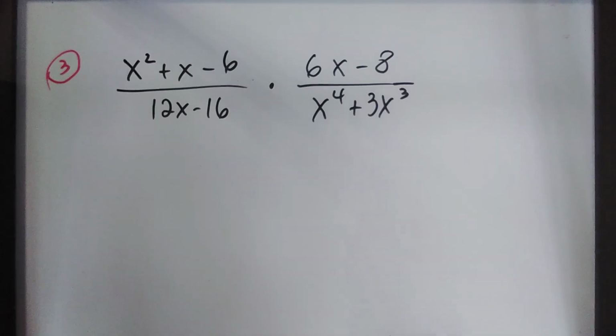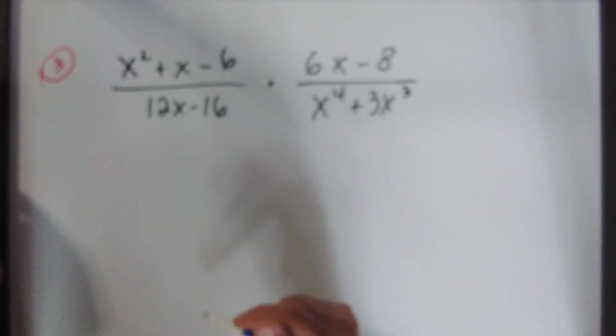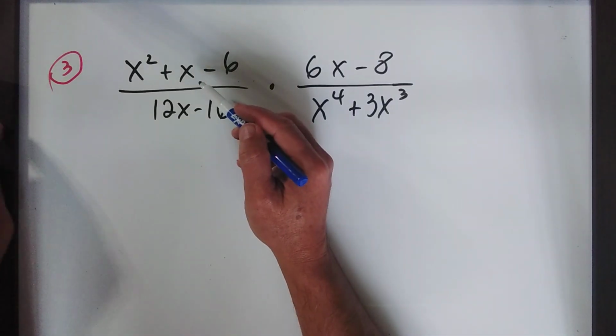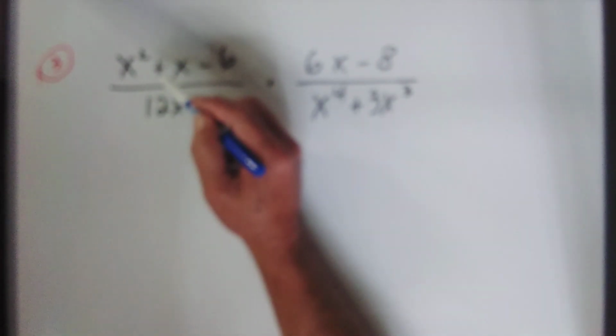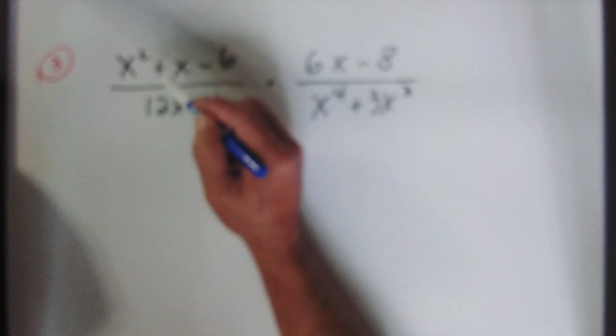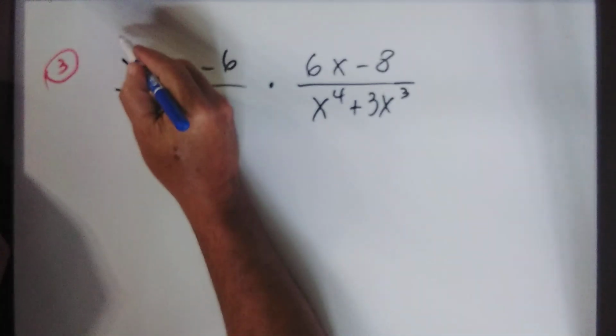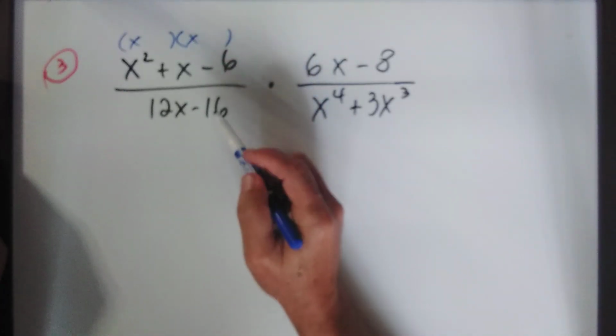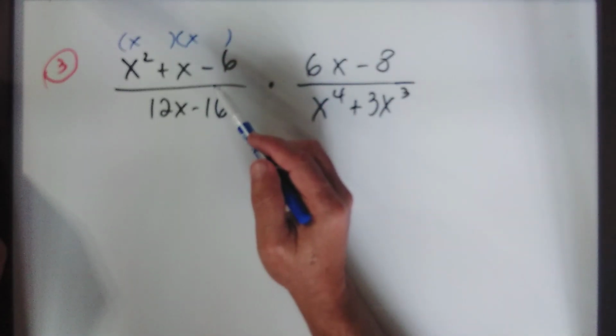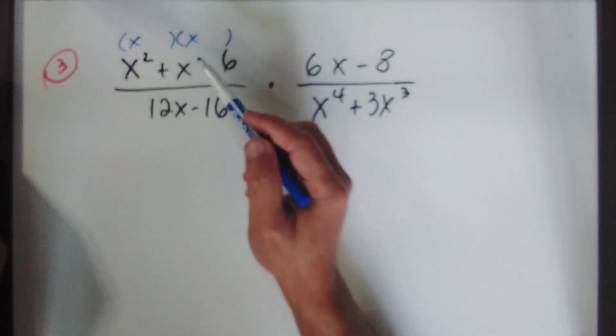Okay, so let's look at our next example. I'm gonna try to factor everything that is factorable. So I'm gonna start with this numerator right here. This is the easy type of trinomials. That's the one where you just put x and x in both parentheses, and then you figure out what numbers go along with those x's.